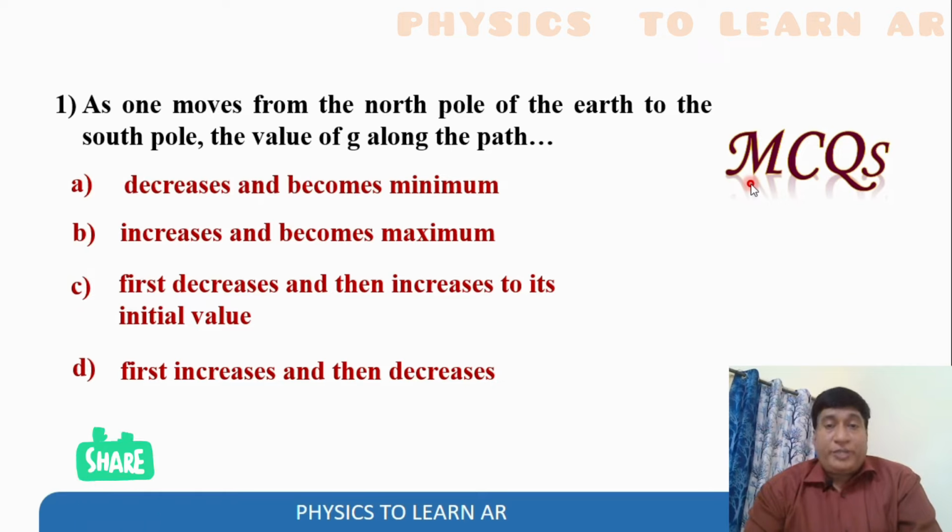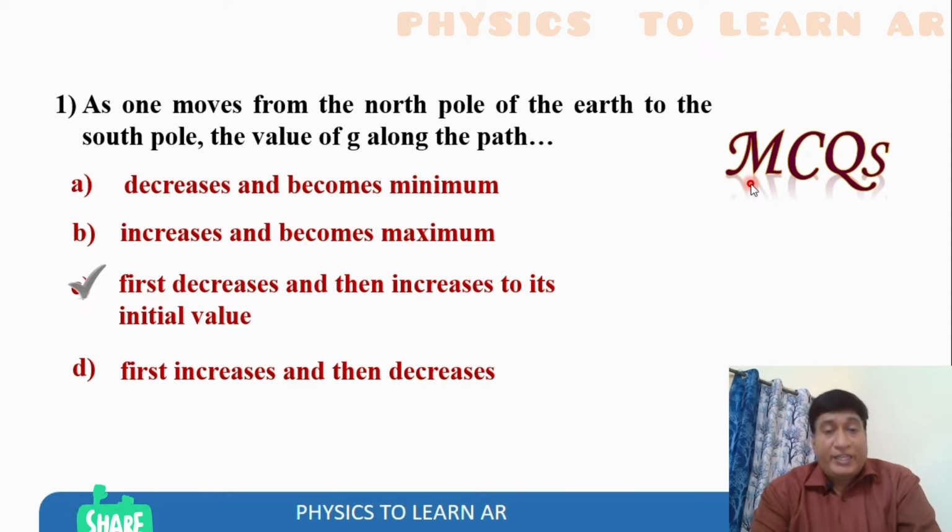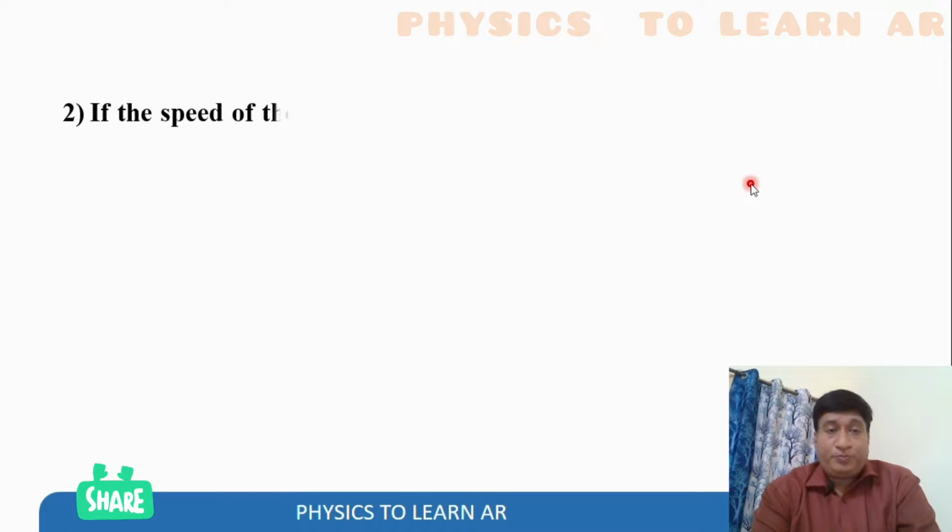Please pause the video and write the answer in the comments. Like it and share it with your friends. So the answer is: first decreases and then increases to its initial value.